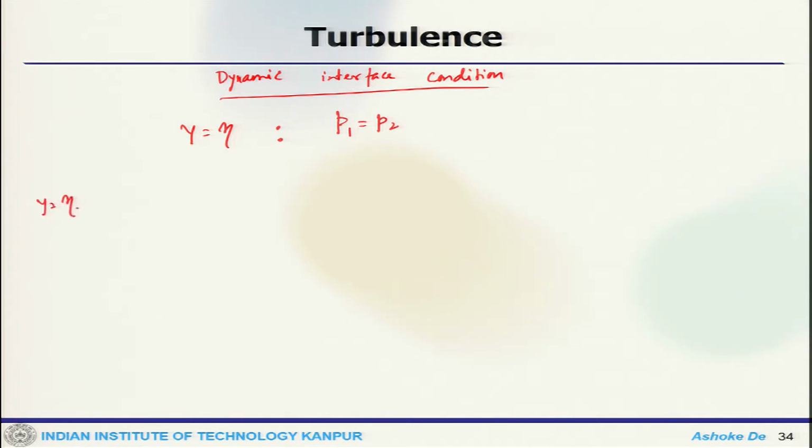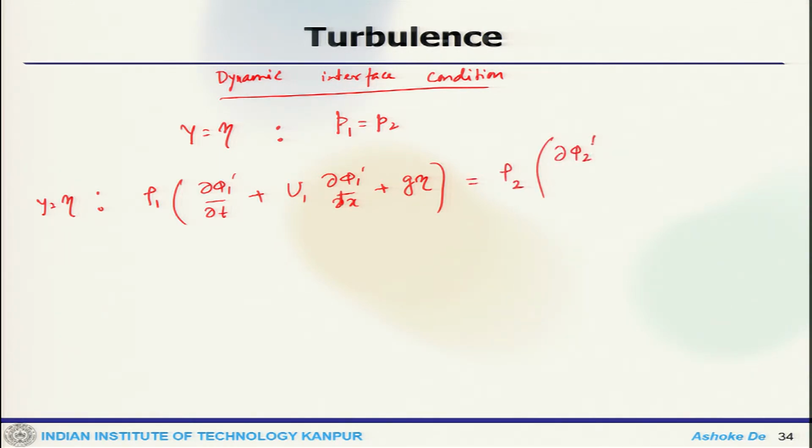So, means at y = eta, rho 1 (del plus u1 ... ) g eta equals rho 2 (del T plus ...) g eta. So, this is what we get.